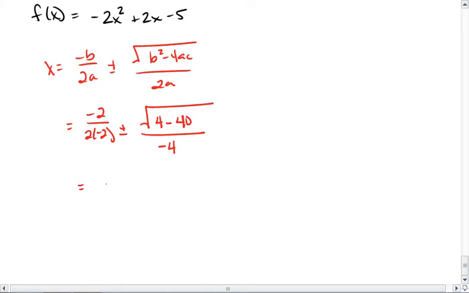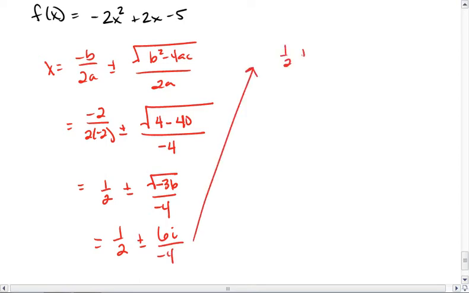So I get a positive 1/2 plus or minus root negative 36 over negative 4. And since we now understand imaginary numbers, we know this is plus or minus 6i over negative 4. So we get 1/2 plus or minus negative 1.5i.